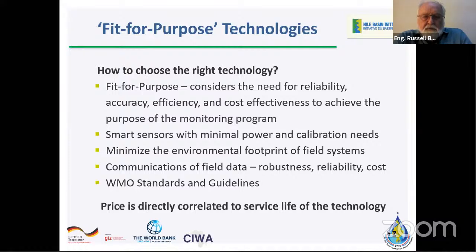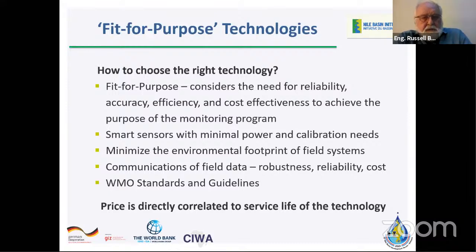For that individual, the fit for purpose technology is not sophisticated. They need to know if the water level is at a certain elevation, that it's safe to be able to transport over this reef, or they need to know if it's at an elevation that may be too high and dangerous. So it's a very simple piece of technology that they need to address their concern.